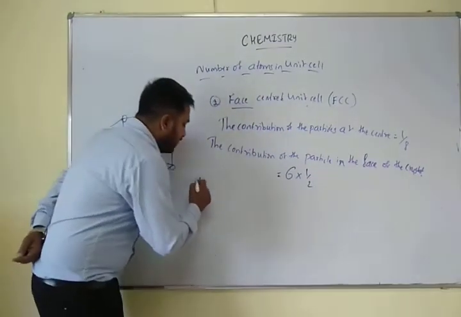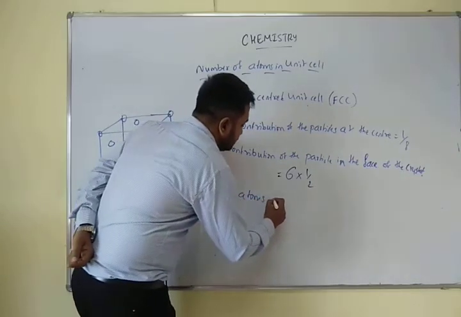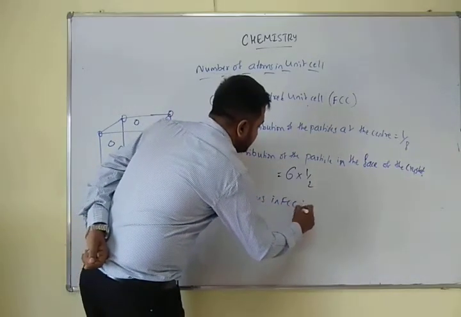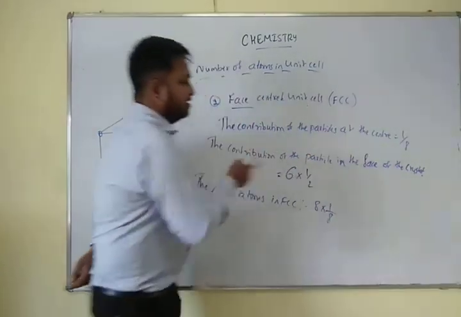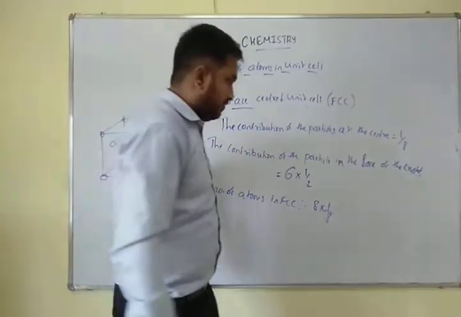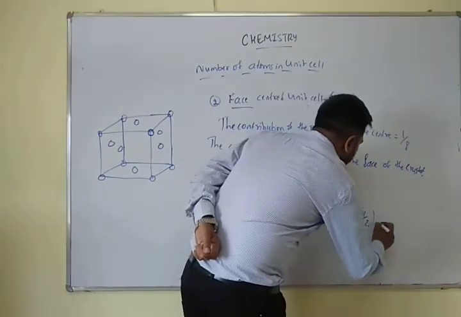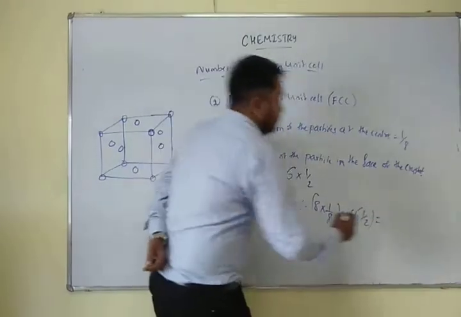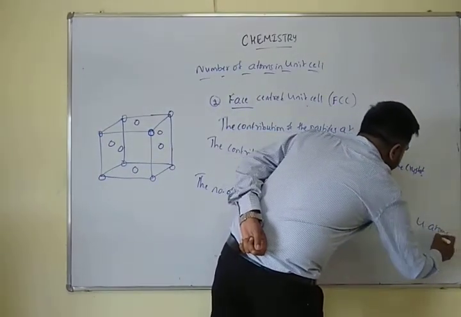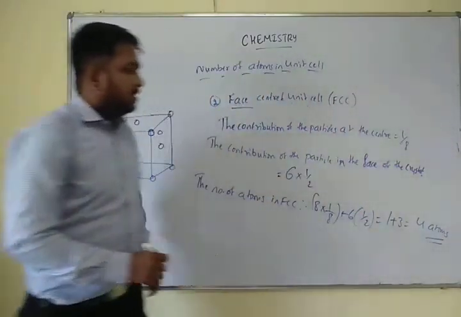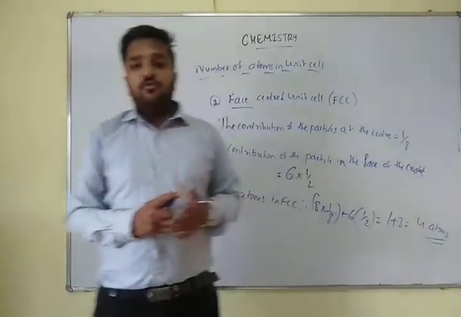So the number of atoms in FCC will be 8 into 1 by 8, 8 corners with a sharing of 1 by 8, plus 6 into 1 by 2. That means 1 plus 3, that is 4 atoms. So the number of atoms present in face center cubic cell is 4 atoms.